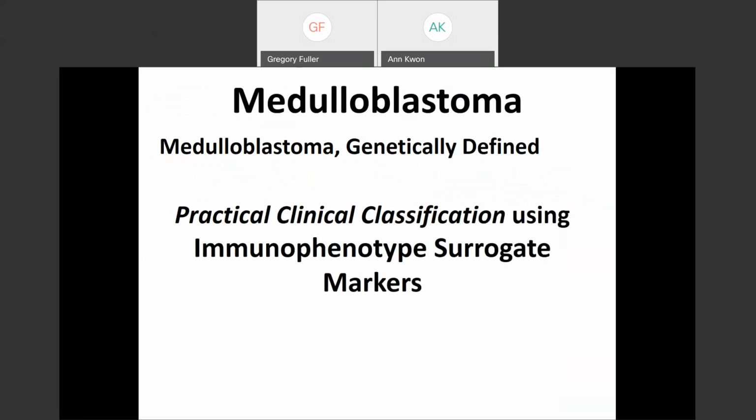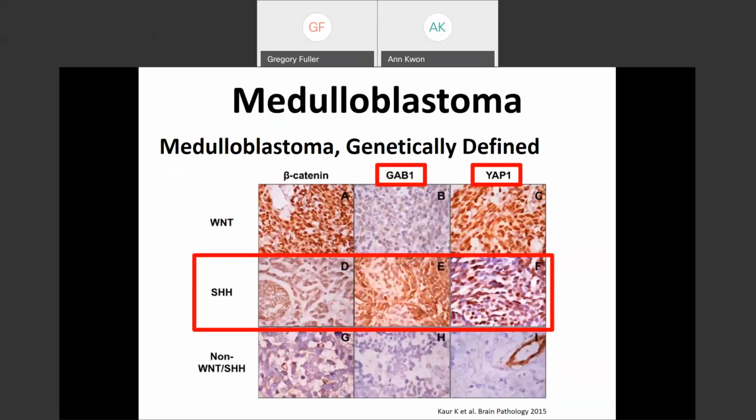All right, and just to emphasize this, practical clinical classification using IHC surrogate markers. Here it is. I've referenced the paper in the lower right, Brain Pathology 2015. Look at the sonic hedgehog category going across, and you can see GAB1 strongly positive, YAP1 positive. The beta-catenin in the first column is only positive in Wnt, and that's nuclear positivity.